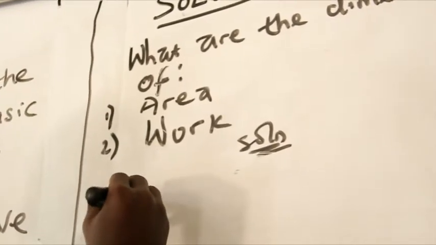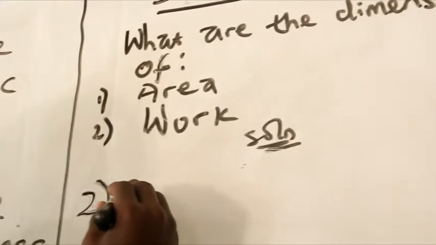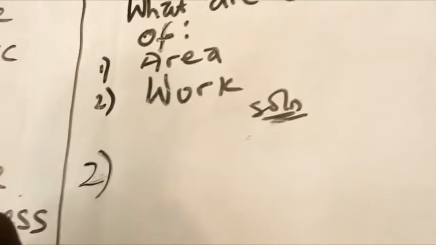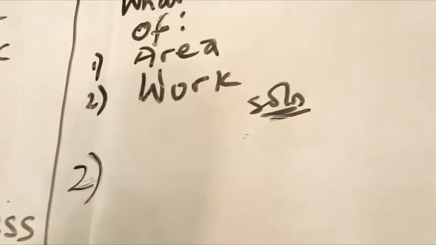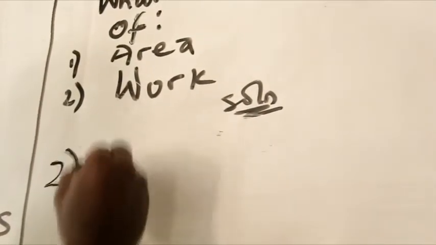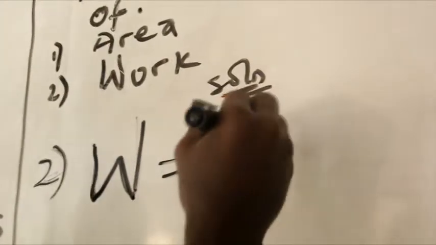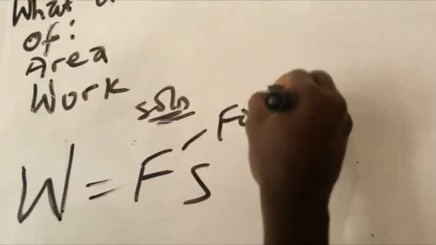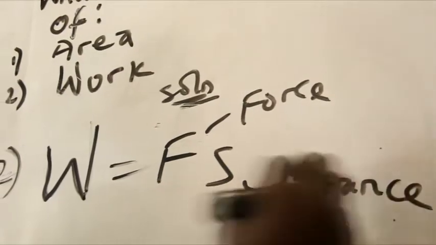Right? So if you have followed a video on physical quantities and units, or you have done your assignments, you realize that work is a product of force and distance. So this is force and this is distance. So this is the formula for work, right?